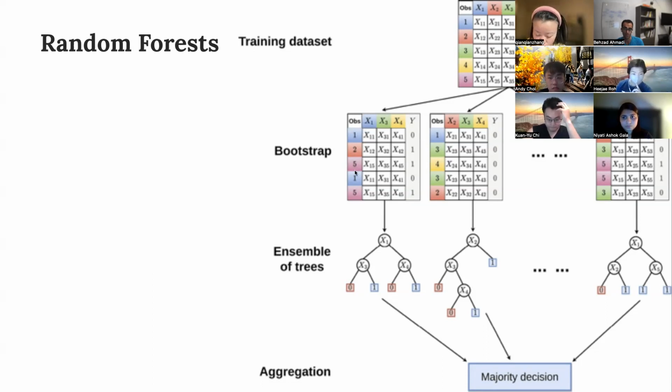It has 5 samples, but they get to be bootstrapped, so you have 1, 1, 2, 5, 5. And you repeat this for 10, 20 trees. Then you get multiple relatively deep, highly variant decision trees. And then you take the majority decision of the output.